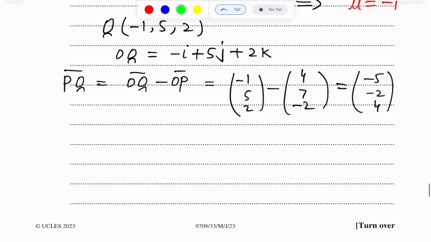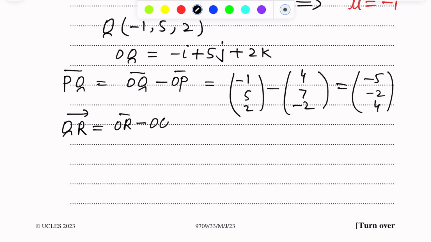Now we will find QR. In the same way, QR will be OR minus OQ. Now OR we have to find, minus OQ is minus 1, 5, 2.